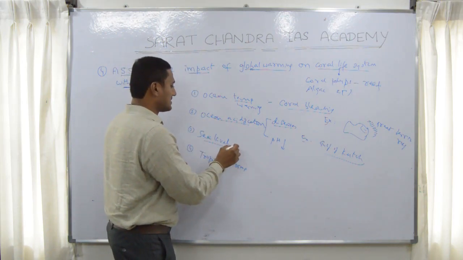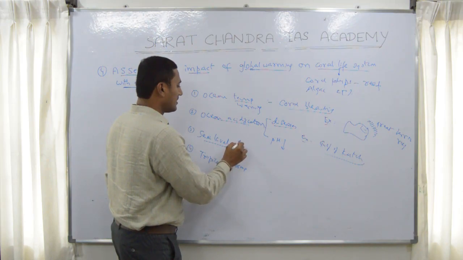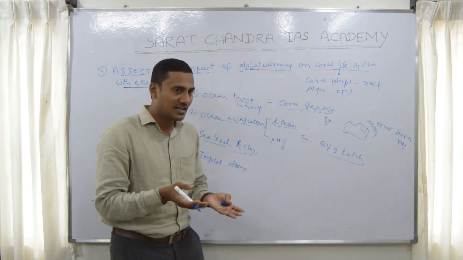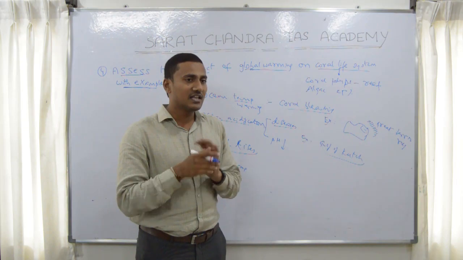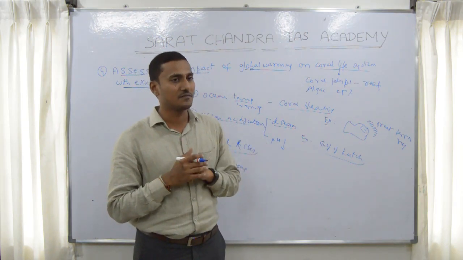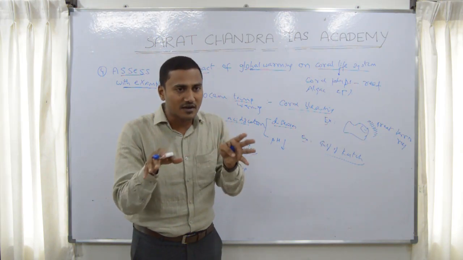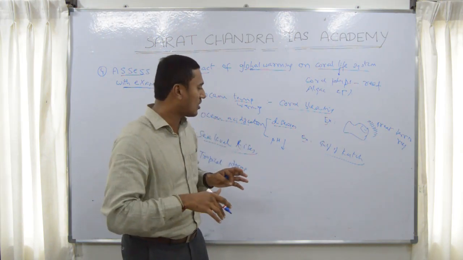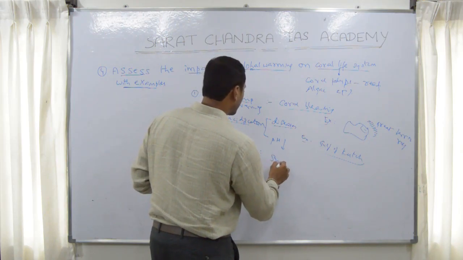Now, sea level rise. As the sea level rises, generally what happens is there will be more sedimentation into the ocean. As sedimentation occurs in the ocean, the coral reefs will be covered by the sediments. This covering is called smothering.